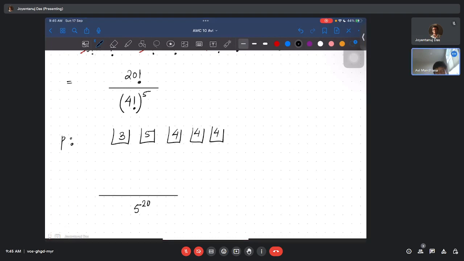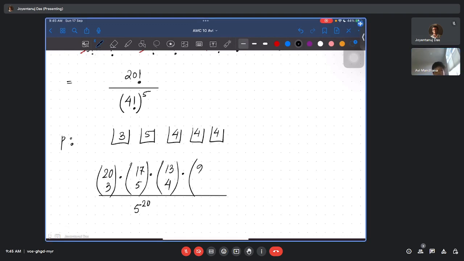20 choose 3, 17 choose 5, and then 13 choose 4, 9 choose 4, and then 5 choose 4. But it is not correct, because some mistake you did. 17 minus 5 is how much? 12, it is not 13.